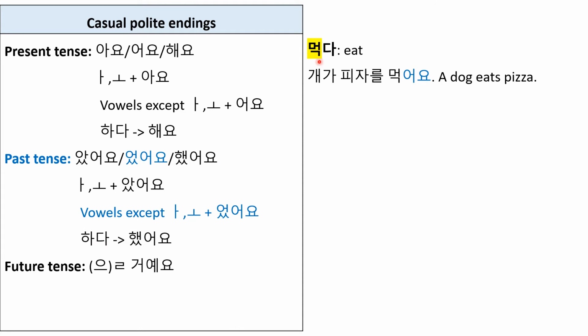Because the last vowel of the 먹 is not 아 or 오, the ending should be changed into 었어요. 먹 plus 었어요. 먹었어요. Ate. 개가 피자를 먹었어요. A dog ate pizza.